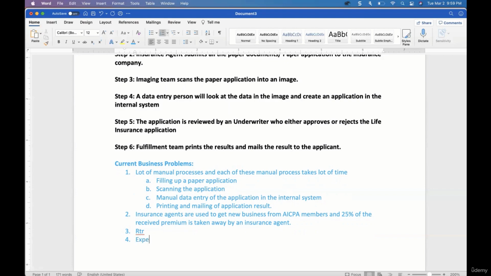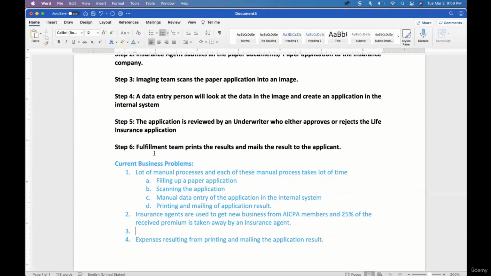Expenses resulting from printing and mailing the application result.